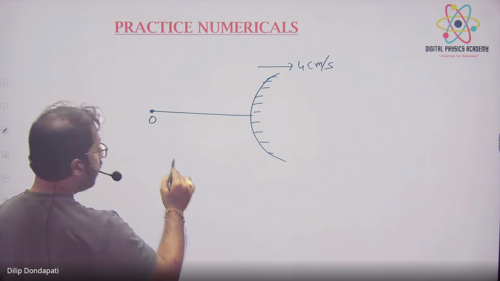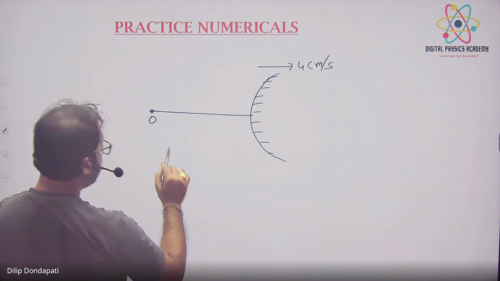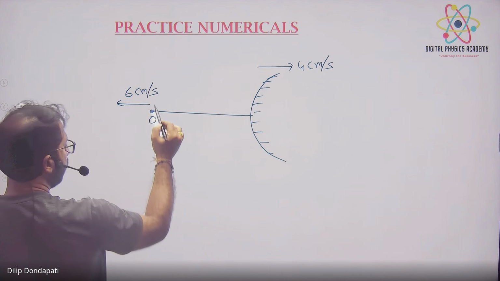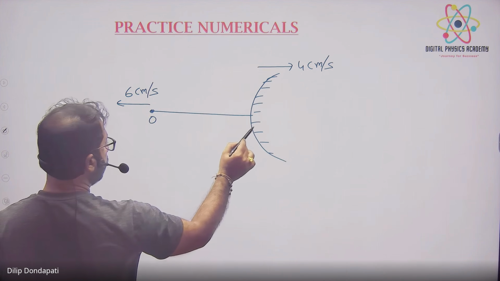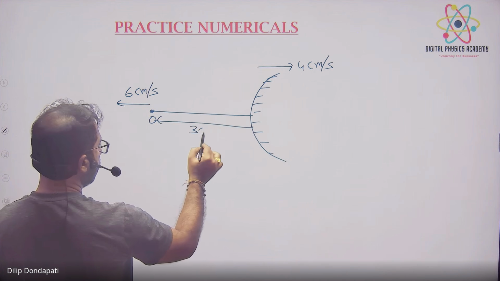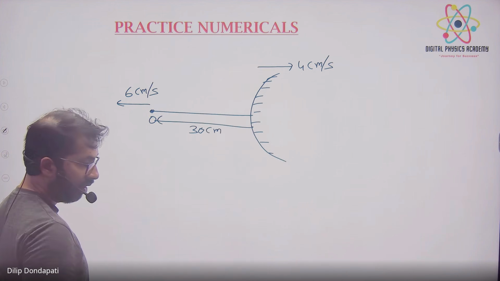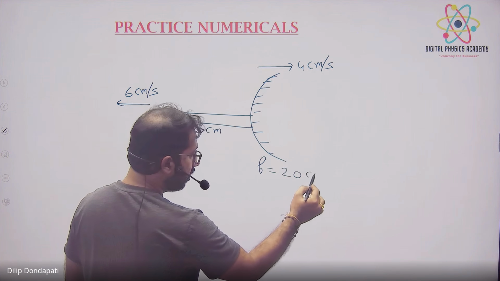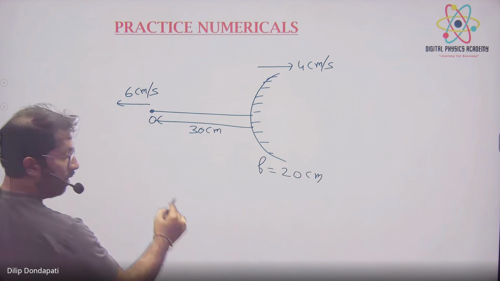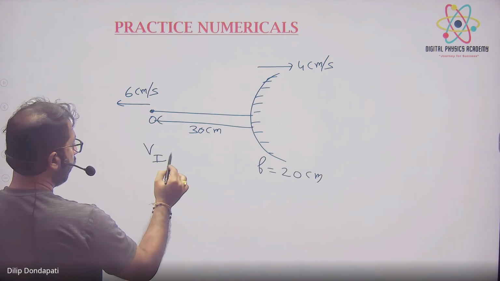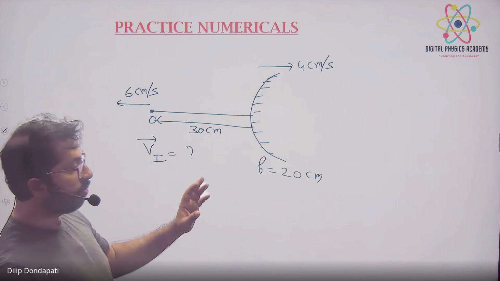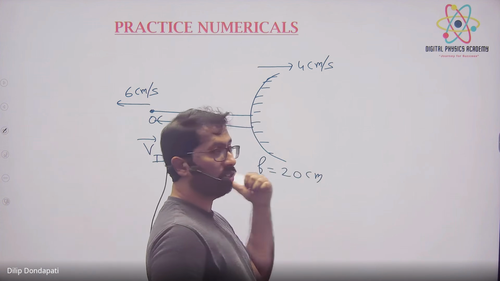Object is running this direction, backward direction, 6 centimeter per second. And initial distance of the object is 30 centimeters. He is telling focal length is given as 20 centimeters. He is asking find the velocity of image. तो मिरर also moving, मिरर के साथ x डायरेक्शन का वेलोसिटी सॉल्यूशन है.